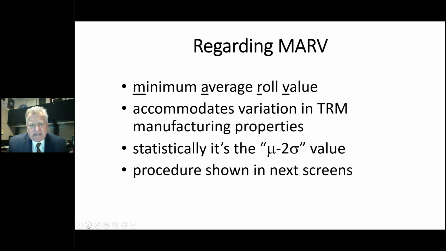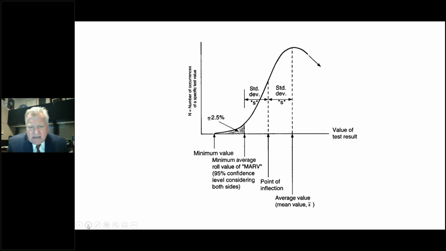It actually is a statistic 2 standard deviations away from the database mean. The procedure is shown in the next slide, but I think it shows you this. You have the average value, which is the mean value, and 2 standard deviations brings you into the 95% confidence level of this material.